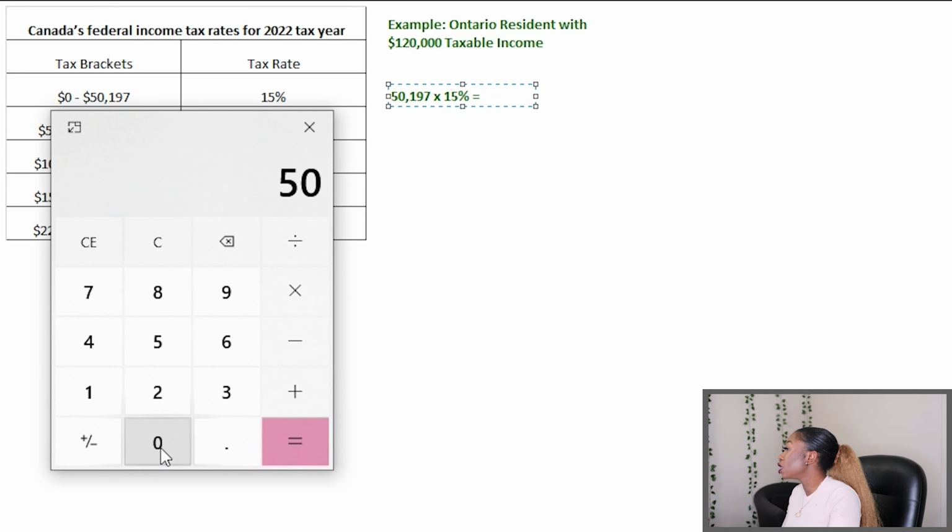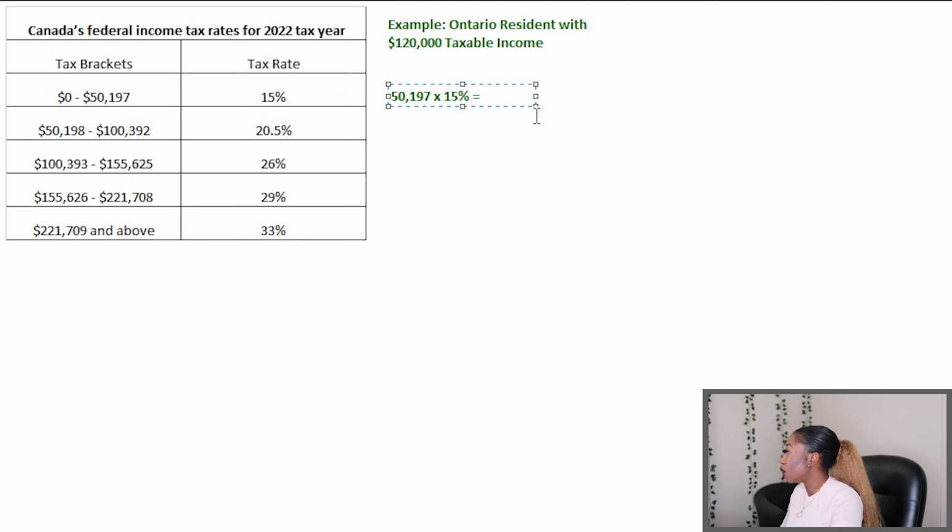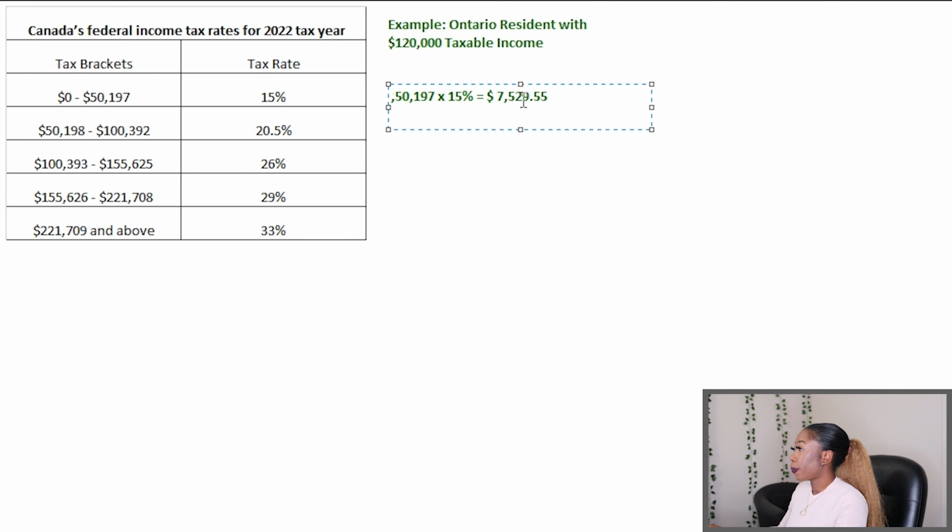So we have 197 multiplied by 0.15, and that is 7,592.55. So on the first amount, we are going to be charging taxes of $7,592.55.